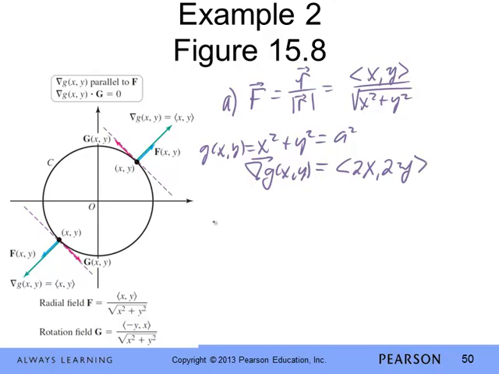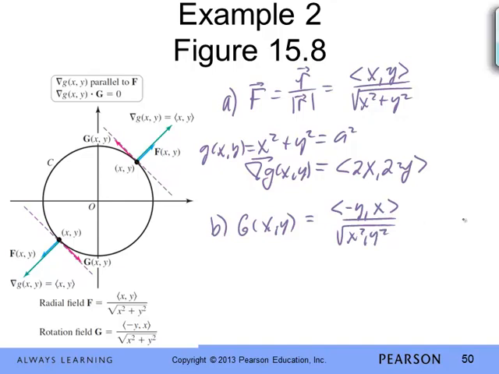So for part B, we've got G of x comma y given by this rotation vector field, negative y comma x divided by square root of x squared plus y squared. And we're supposed to show that these vectors are parallel with the circle. How can we do that?